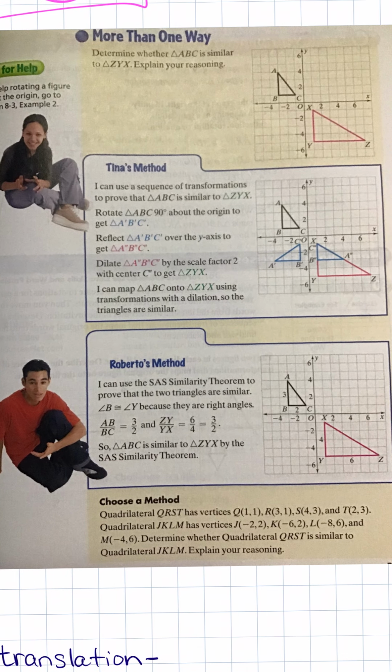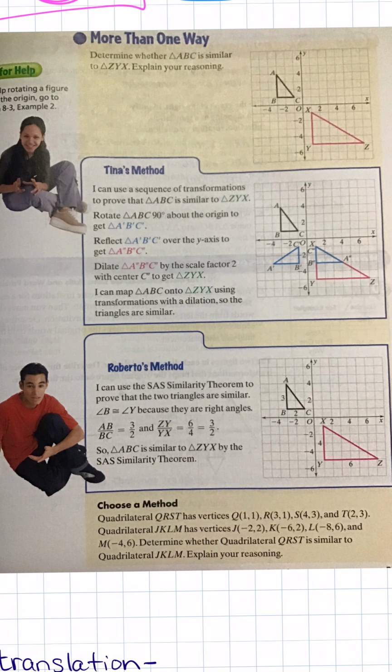Let's check out this figure. Determine whether triangle ABC is similar to triangle ZYX. Tina says, I can use a sequence of transformations to prove triangle ABC is similar to triangle ZYX. She says, rotate triangle ABC 90 degrees about the origin to get triangle A'B'C'. So here's where it starts.